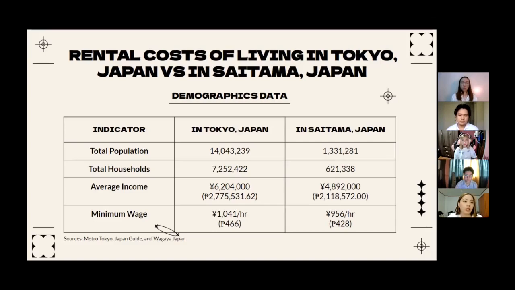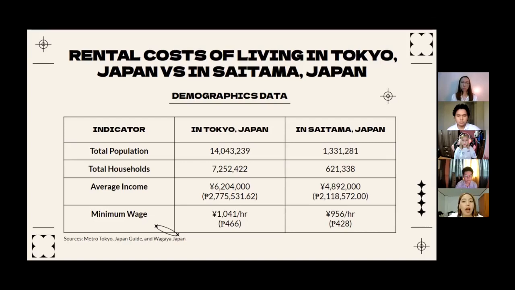Tokyo's working class receives an annual income of 6.2 million yen or 2.7 million pesos on average, which is significantly higher than those in Saitama, averaging only 4.8 million yen or 2.1 million pesos a year. Minimum wage in Japan is set by hourly rates, and each prefecture has a different value.